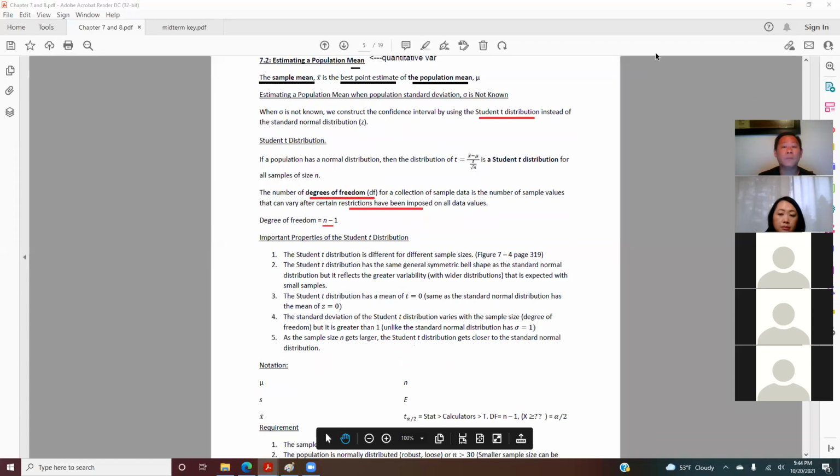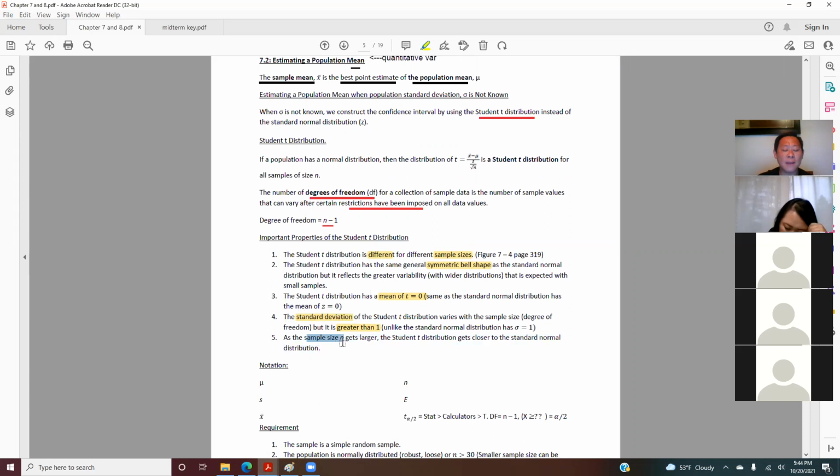So the first thing I just pointed out to you: the t distribution is different depending on the sample size. So each sample size has its own curve. It's symmetrical, bell-shaped. The mean is 0. The standard deviation is greater than 1.